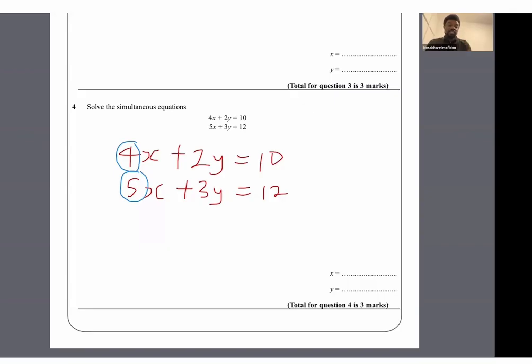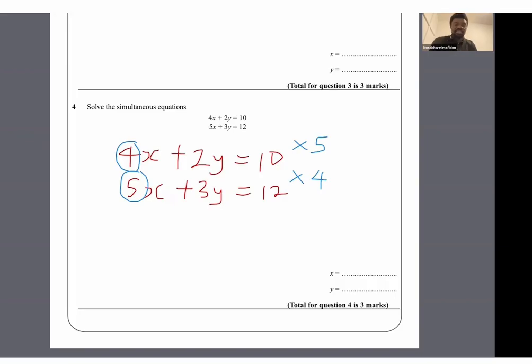So if I've chosen x, to make them the same, I can multiply the first equation by 5 and multiply the second one by 4. I just had to interchange the coefficients. The 4 on top came down and the 5 at the bottom went up. If I had chosen to eliminate y, I would have been multiplying by 3 and by 2. The 3 would have gone up and the 2 would have come down.